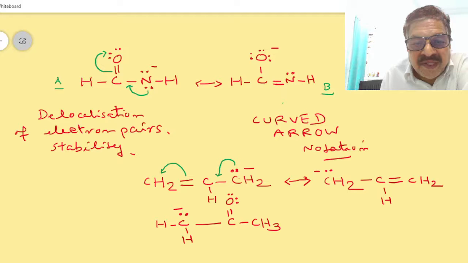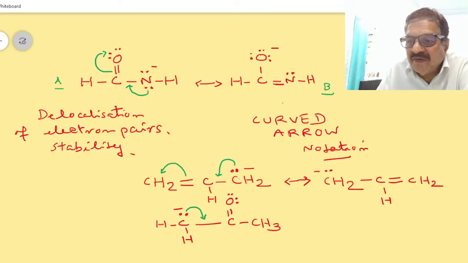Now the lone pair is adjacent to the carbon-oxygen double bond. Therefore, how will this electron migration take place? This lone pair will go like this, and then the double bond will go like this.